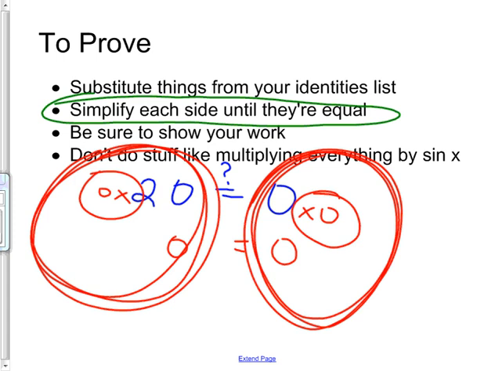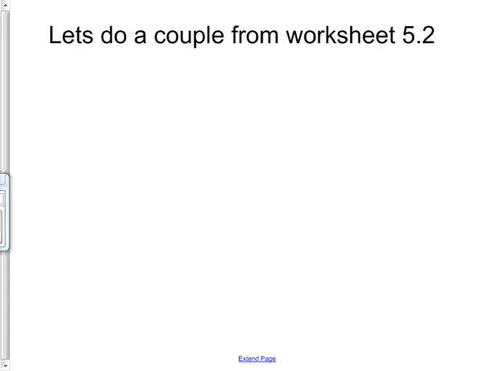All right. So let's actually do a couple. You have a worksheet today, which is called 5.2, and it's got a few on it. So let's just do it right on the worksheet here.